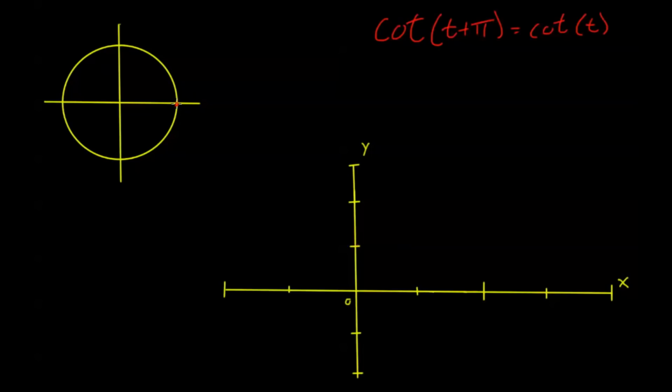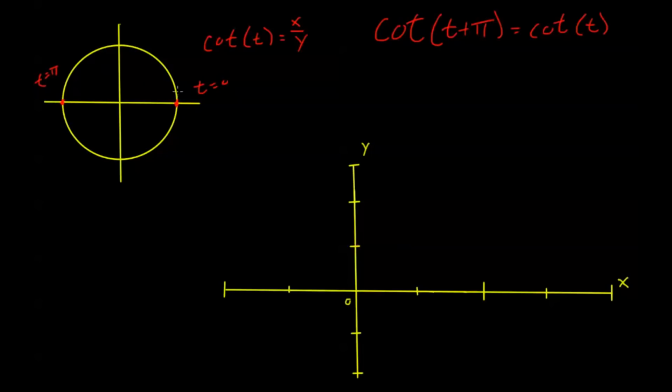Cotangent, we're concerned with when y is equal to 0, because cotangent of t is going to be equal to x over y. So y equals 0 is what causes some trouble. So that happens here at t equals 0 and at t equals pi, and any increment of pi, right? We know that from our domains video.